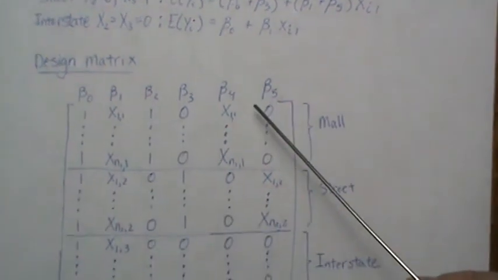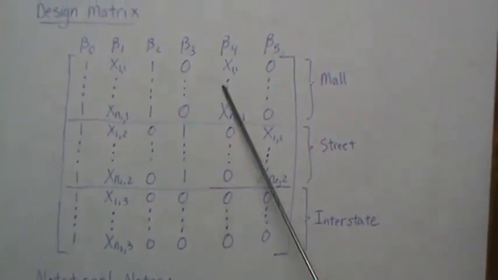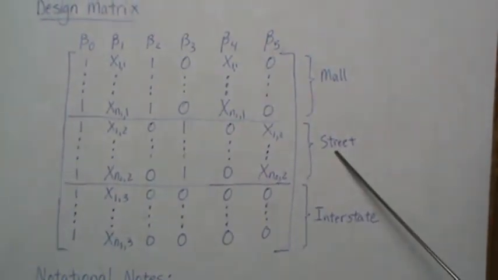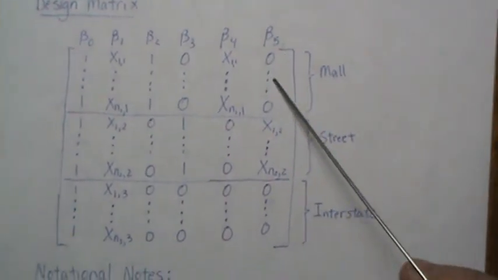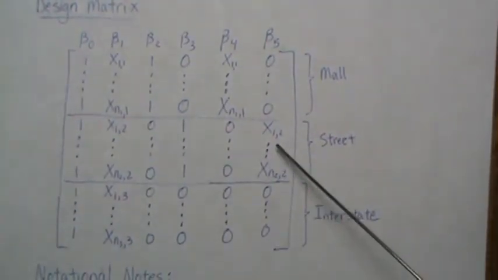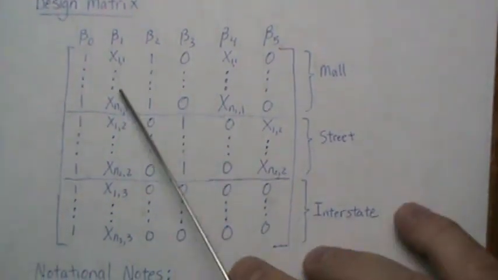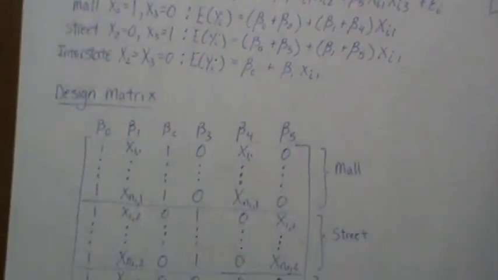So the design matrix is just this variable x1 copied right here, and then these are zeros. And for beta 5, it's the same way. So these are 0, and the x1 variable is just copied over here. And so this is the design matrix for this.